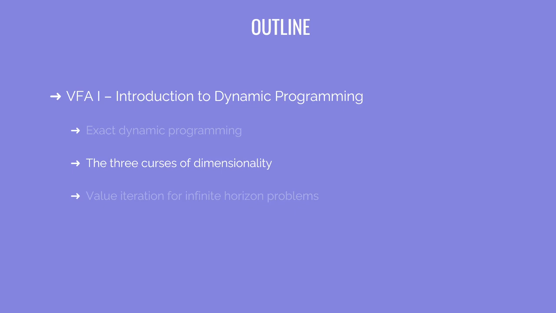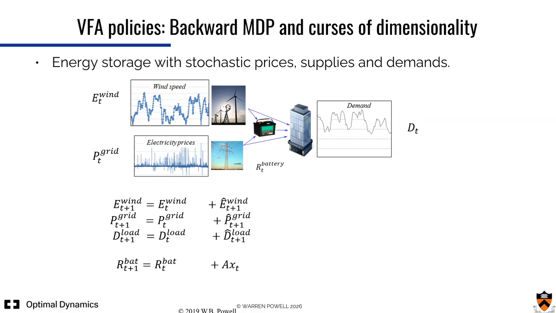So let me talk about the 3 curses of dimensionality. I'm going to take an energy storage problem where I'm bringing energy from a wind farm or buying it from the grid to meet the load of, say, a building or a campus or a city. And then I'm going to have some battery that I can use to absorb energy to smooth out the variations. Now, I have a set of 4 equations to handle the dynamics of the problem.